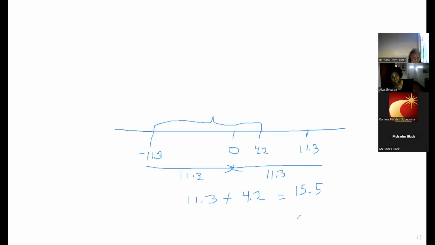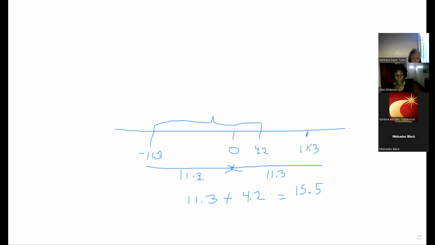I was counting straight from the left right over to the 11.3 on the other side. I was counting from 11.3, the negative, right back to the positive, in one straight line.